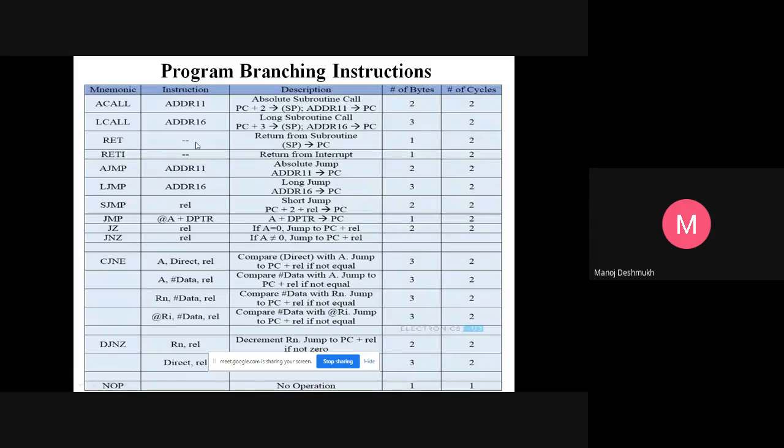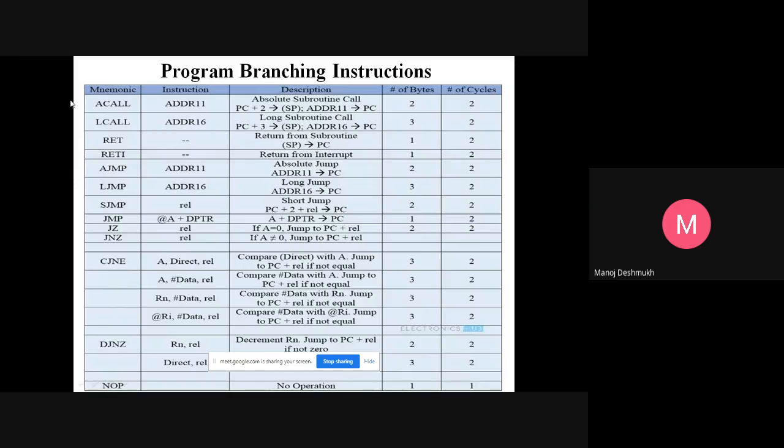Suppose the first instruction is call, and the call instruction is again divided into two types: A is absolute call and L is long call.